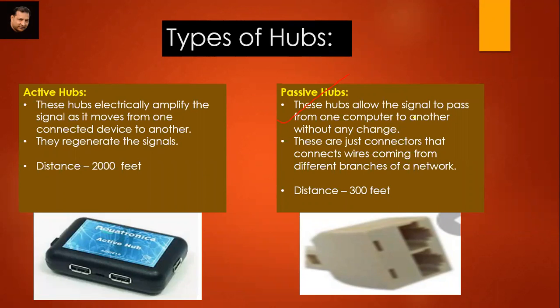It means there is no change in the signal. These are just connectors that connect wires coming from different branches of a network. And the distance which can be covered by passive hubs is only 300 feet.